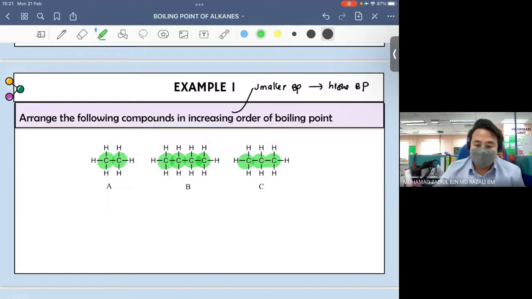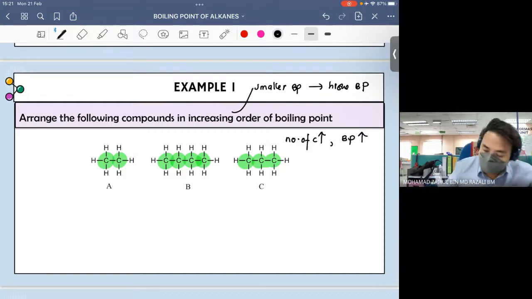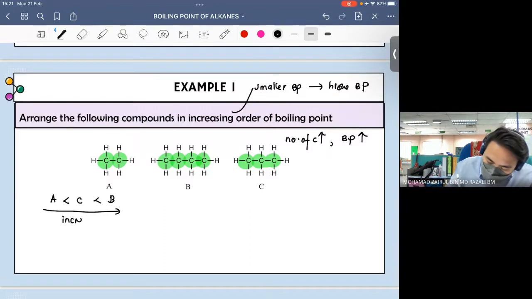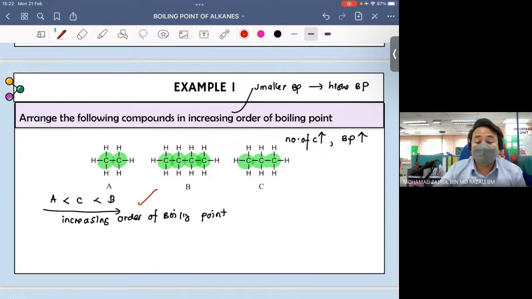Now we have determined the number of carbons, and we can arrange them in increasing order of boiling point. For non-isomeric alkanes, when the number of carbons increases, the boiling point also increases. So the smallest boiling point is A, then C because C has 3 carbons, and then B. This is the increasing order of boiling point. Usually before I explain, I make the sequence first, and you should write it according to the question. If the question asks for increasing, then increasing; if it asks for descending order, then descending.